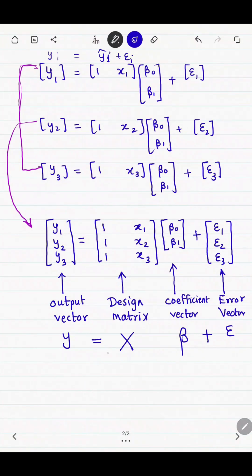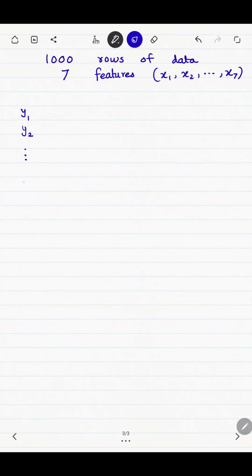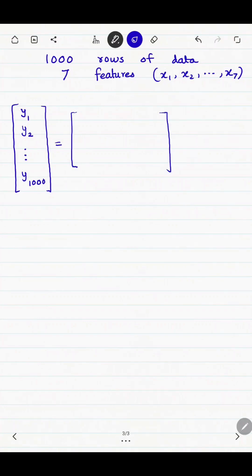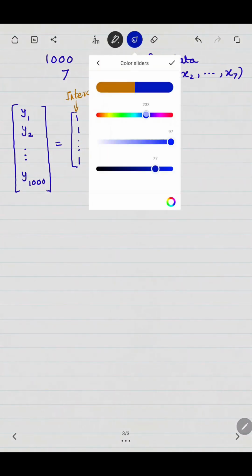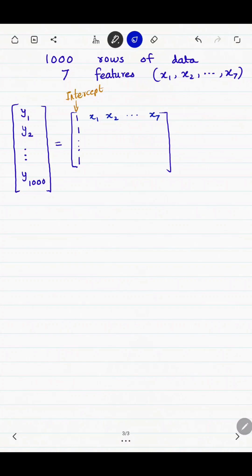Now say you have 1000 rows of data and let's say 7 features, x1, x2 up to x7. Then you can write it in matrix form as follows: the column vector y1, y2 up to y1000, because you have 1000 data points, and the design matrix, where each row will have 7 plus 1 elements. The first element is for the intercept, and then you have 7 for the 7 features, right?